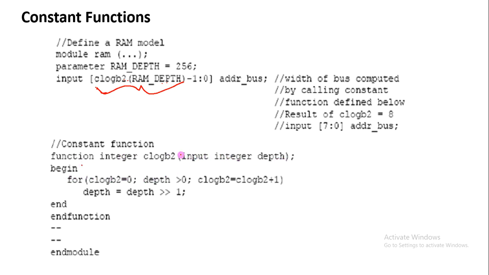You can also write it here: input is of type integer depth. Wherever integer comes, imagine that it is 32-bit. It's system dependent in most cases, normally 32-bit. So what is happening here? A register is created by the name CLOGB2, which we initialize to 0. Depth gets mapped with this input argument, RAM depth, which is now 256.